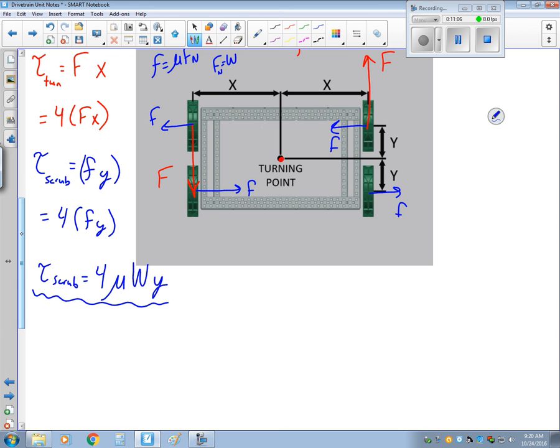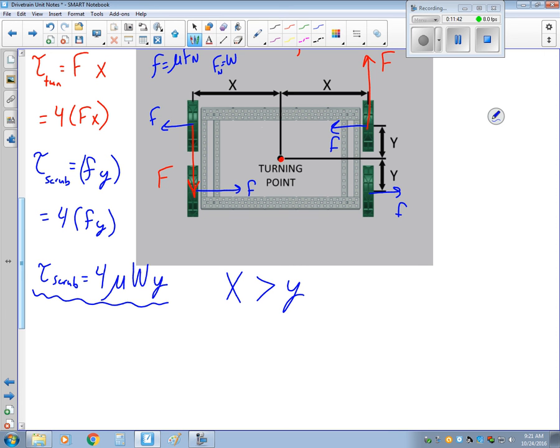Now notice that when x is greater than y, we should have more torque to turn the robot than we have of scrub going against it. So in that case, we would have the ability to make a turn. Now if we have y is greater than x, then we have more scrub, the resistance to turning, than we do turning torque. So in that case, the robot would not turn at all.